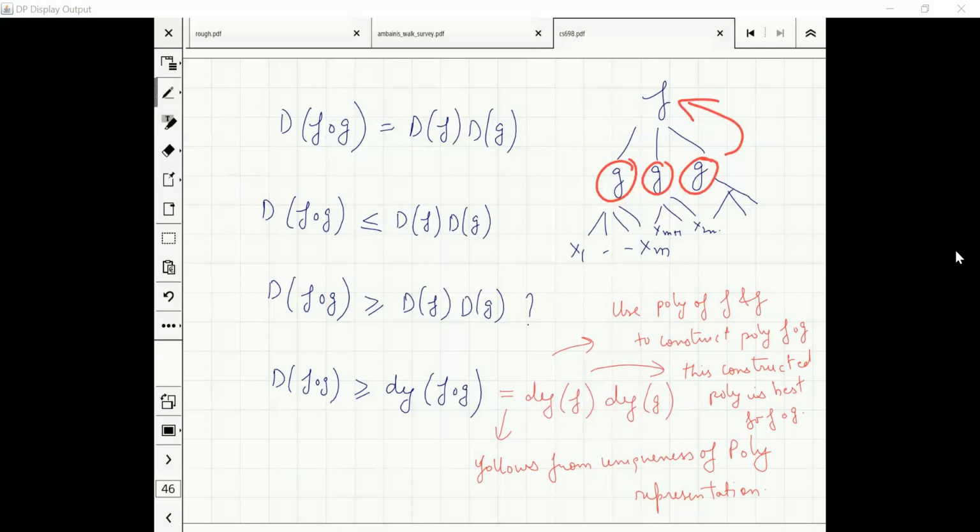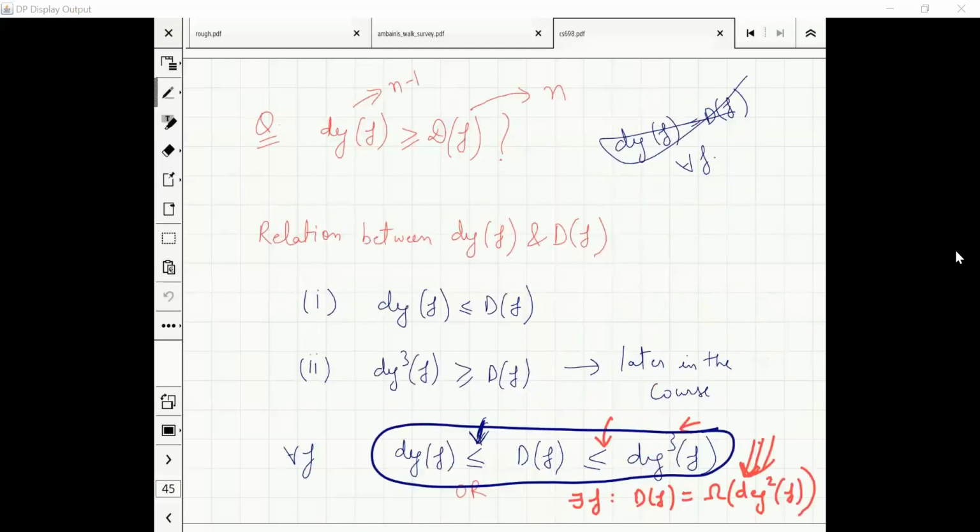So for today, I would just like to summarize the take-home message. What do we do generally with complexity measures? We define the complexity measures. We start seeing their relations with other complexity measures. Today, we saw a relationship between D(f) and degree of f. D(f) is the deterministic query complexity. Degree of f is the polynomial degree.